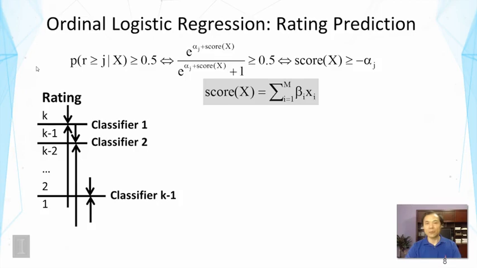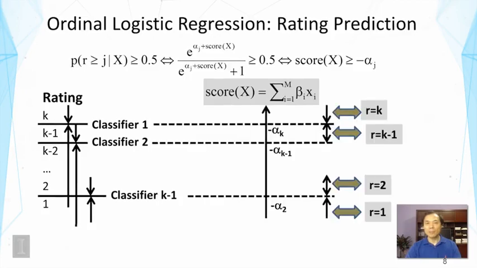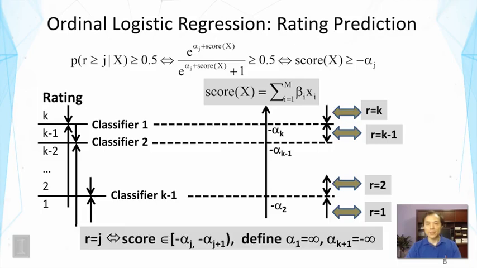Now the scoring function is just a linear combination of all the features weighted by beta values. So this means now we can simply make a decision of rating by looking at the value of this scoring function and see which bracket it falls into. Now you can see the general decision rule is thus: when the score is in the particular range of alpha values, then we will assign the corresponding rating to that text object.